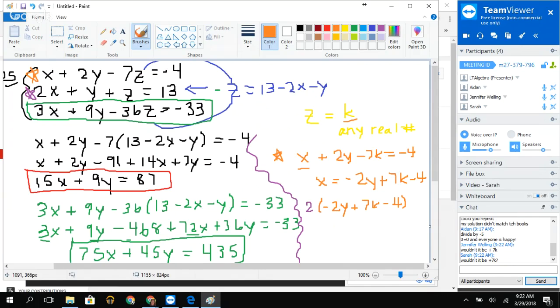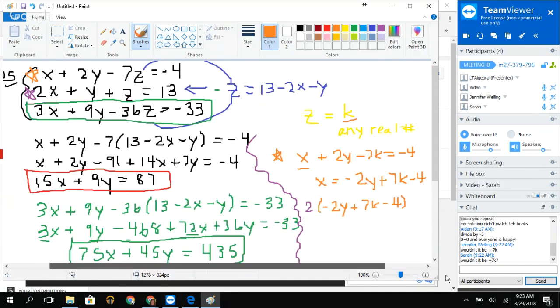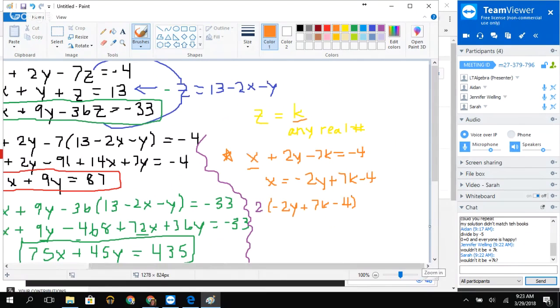I'm running out of room again. Plus y plus z, which is just k, equals 13. So we're getting there. Let's distribute our 2, so we end up with negative 4y plus 14k minus 8 plus y plus k equals 13. So we're finally going to get to what y is.